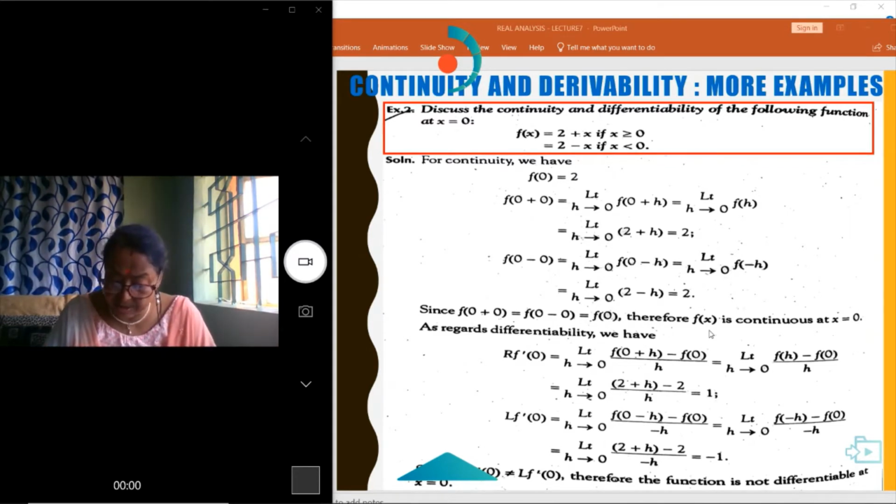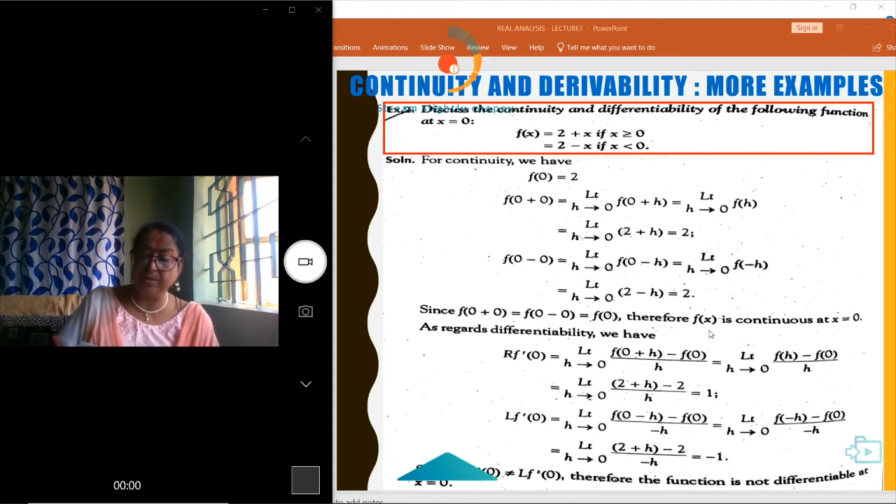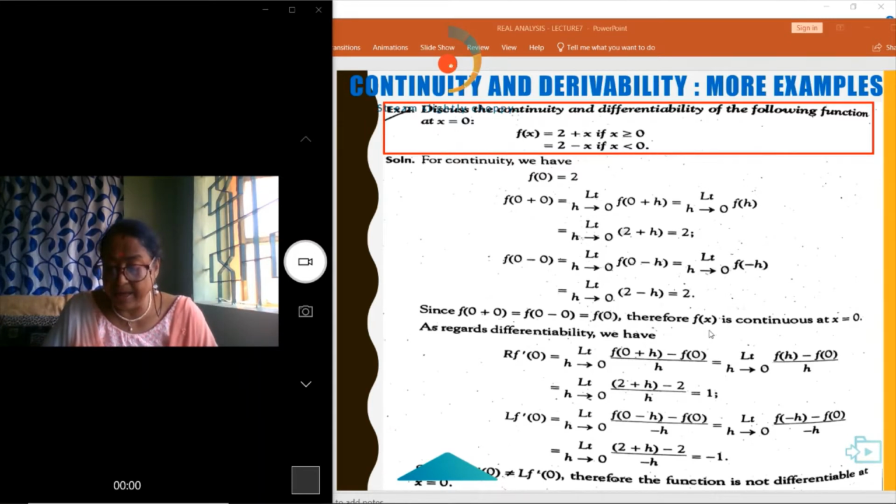Hence the function is continuous at the point x = 0. Here, when x is greater than or equal to 0, we take f(x) as 2 + x. When x is less than or equal to 0, we take f(x) as 2 - x.